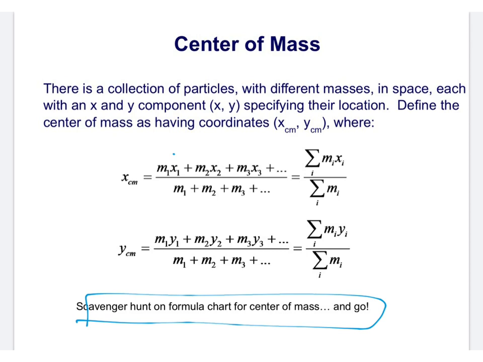Look on your formula chart. Can you find it? Center of mass. It's got a little cm. And they tell you the formula. Right here. Add up all your mass times x, divide by mass. Why is it 3 masses? It could be 79 masses.